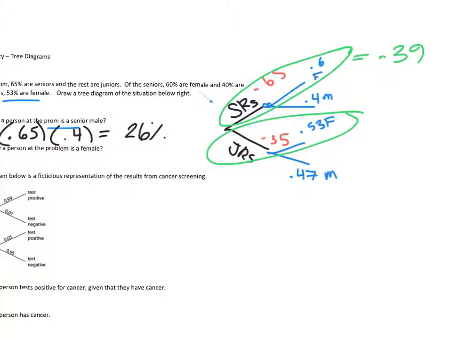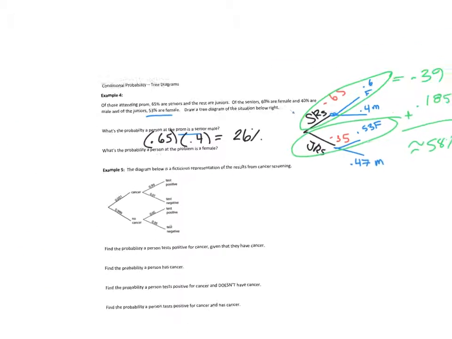Then I multiply 0.35 times 0.53, and I get 0.1855. If I add those two together, I get the percent of females, which is about 57.55%. So I'll round to about 58%. So this is about 58%.